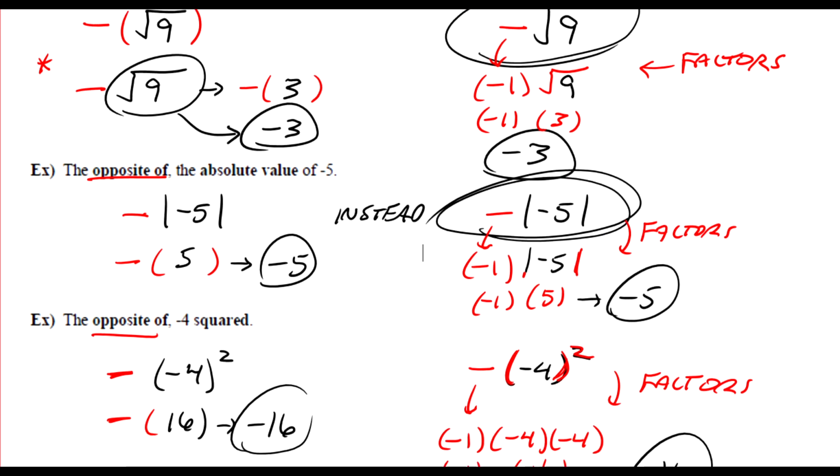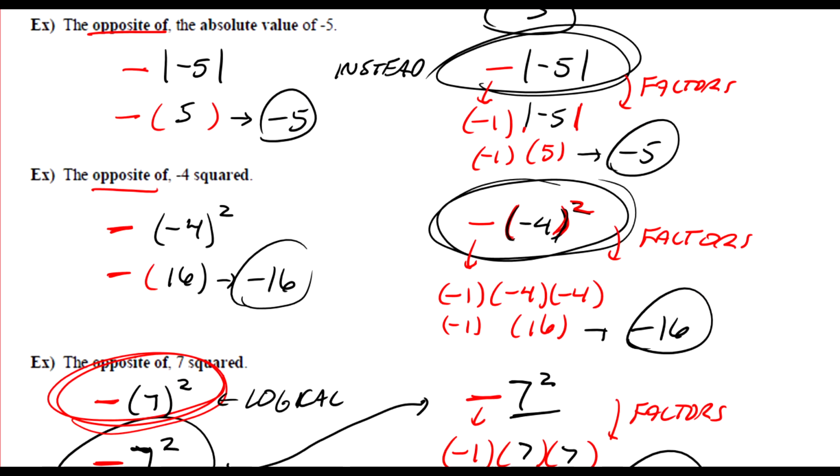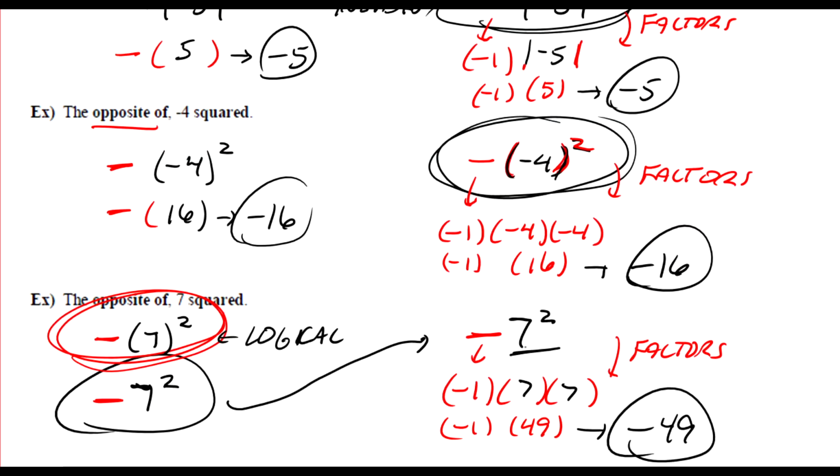If I'm using a power of a negative number, again, the parentheses have to be used, so the negative sign is outside those parentheses. This is the only time we need to watch for: if the base is positive, and that negative sign has no parentheses. Okay, they are not the same.